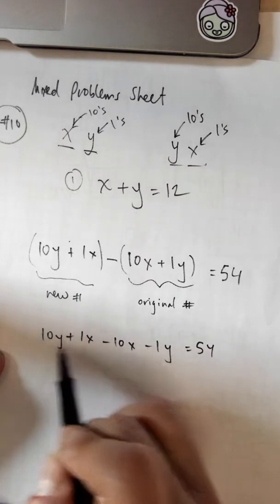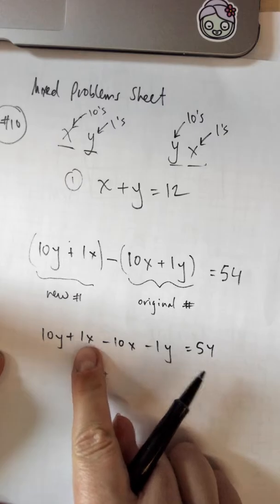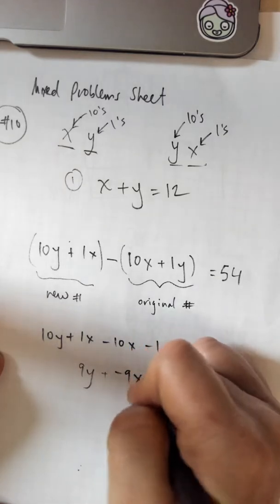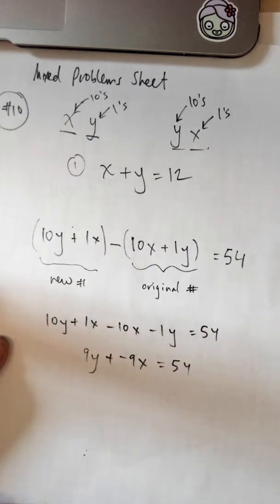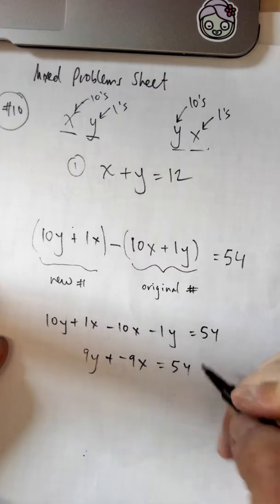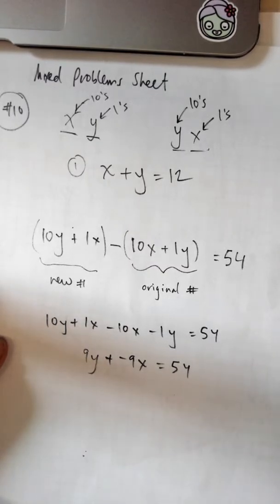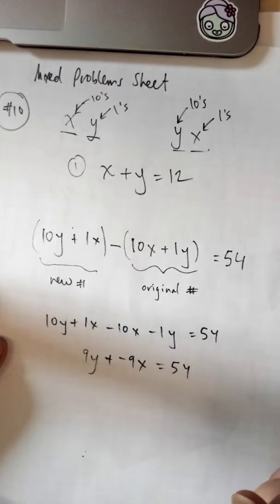Let's get like terms together. 10y minus 1y, 9y, plus 1x minus 10x, negative 9x equals 54. I can actually make this a smaller equation by dividing everything by 9. Or I can leave it as it is. And I don't really care how you do it.